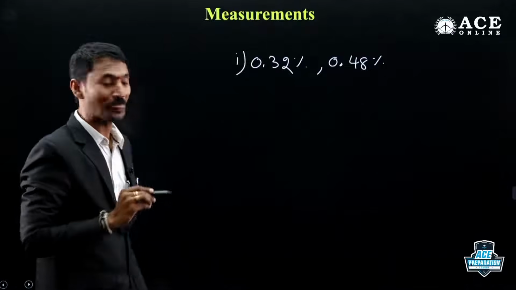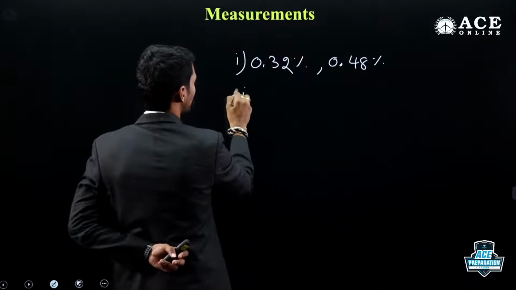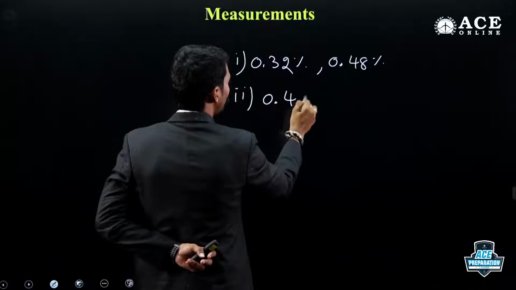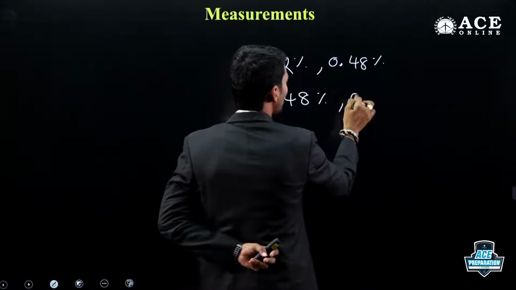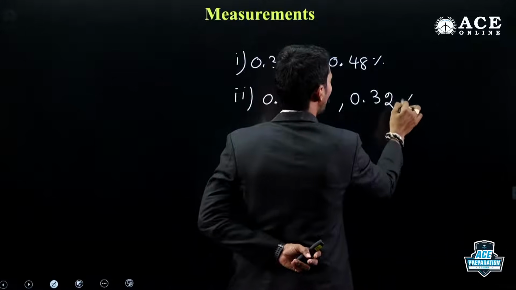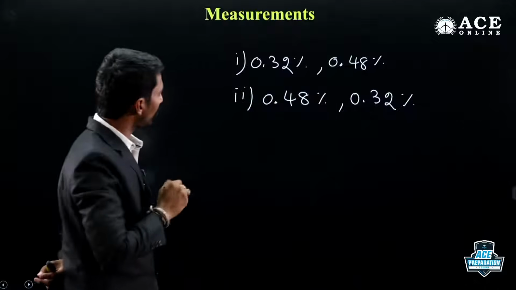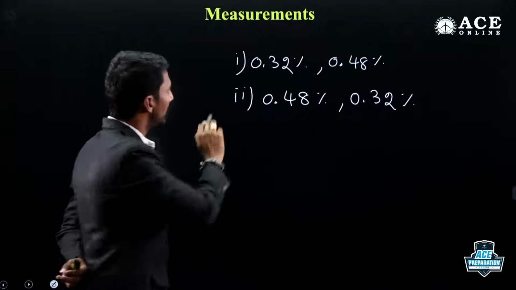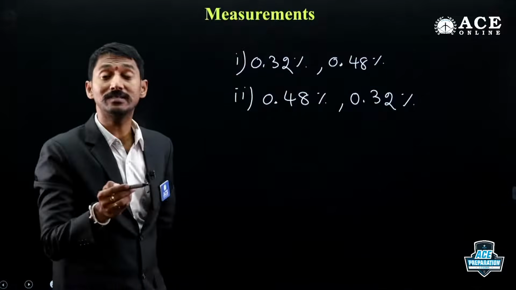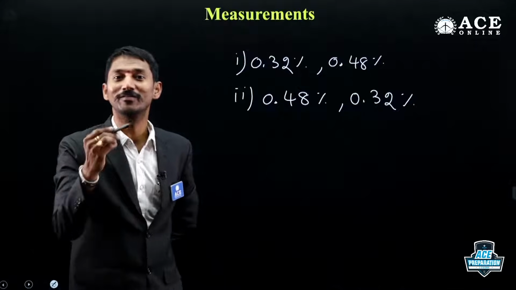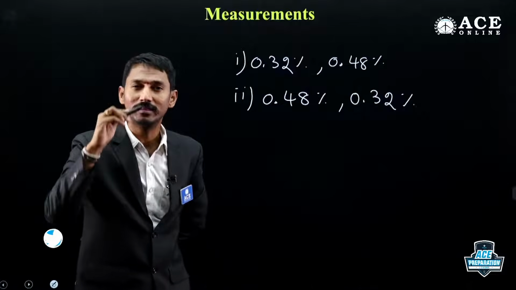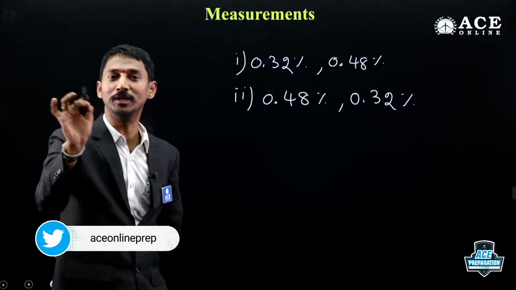Second option, 0.48%, comma, 0.32%. Sir, in both options the same numbers are there, but which is the first question's answer and which is the second question's answer? That is the main headache for many people.